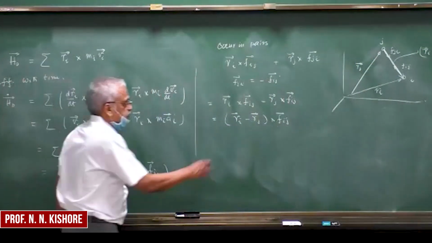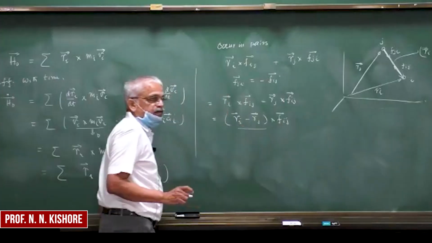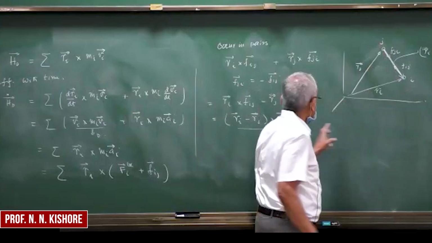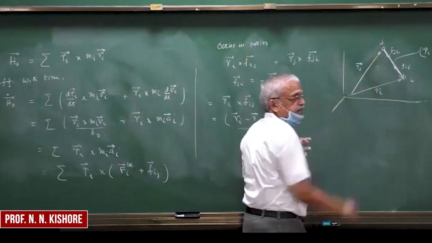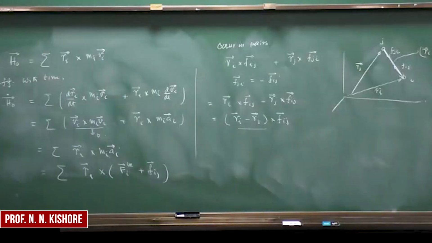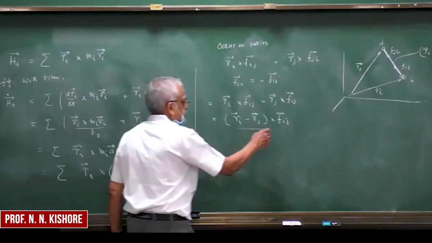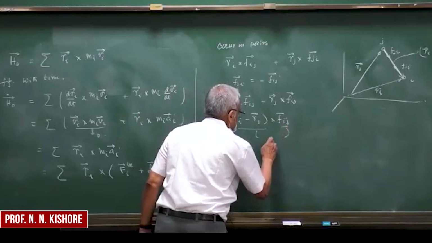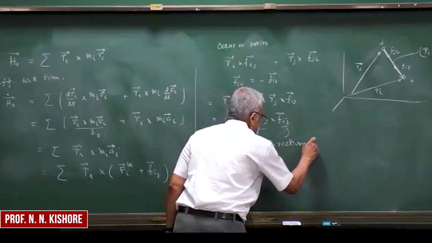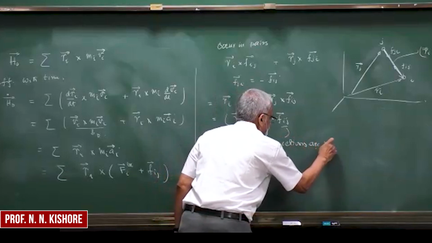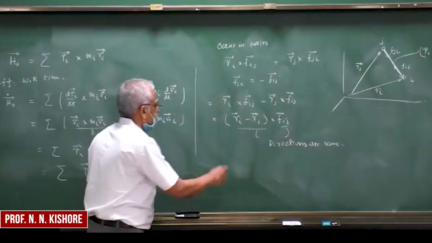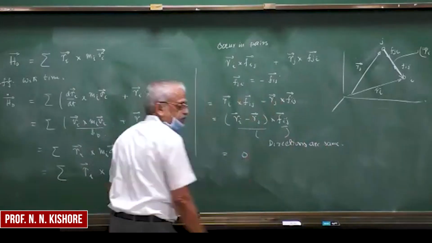So the minus Rj and this Fij are also directed along the same direction. So these directions are the same, and if they are the same, then their contribution is 0.